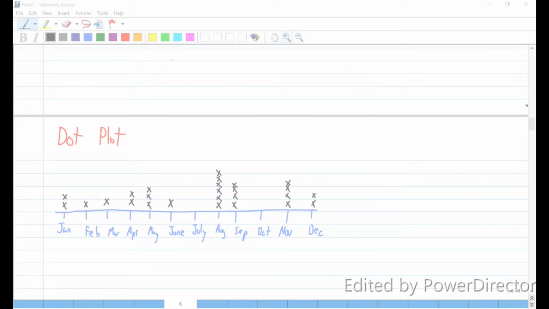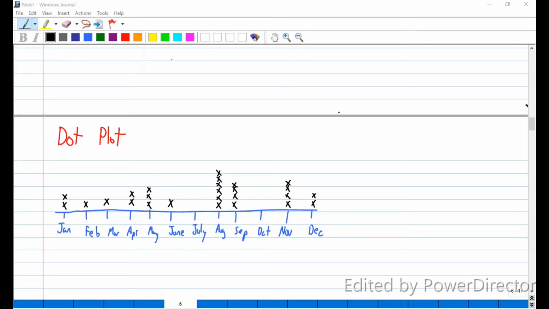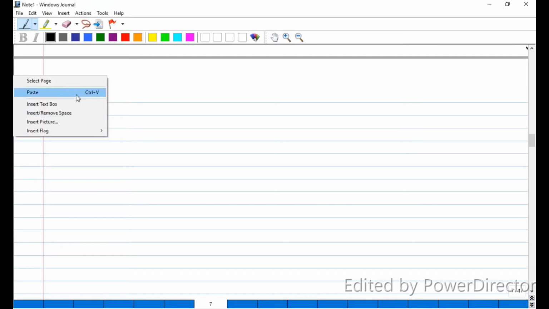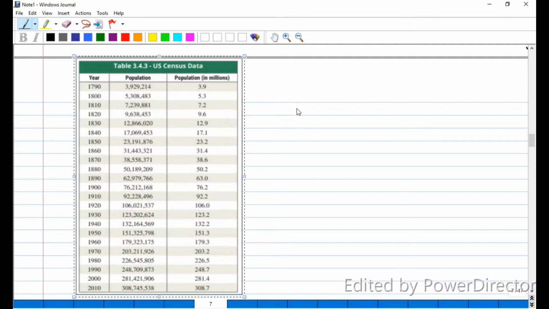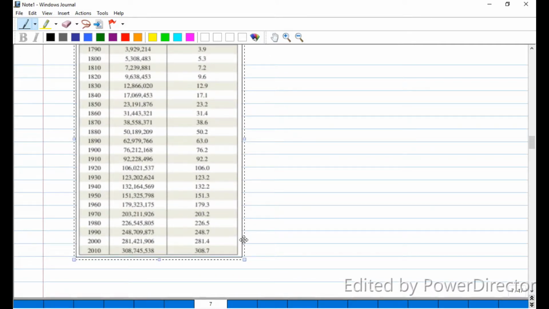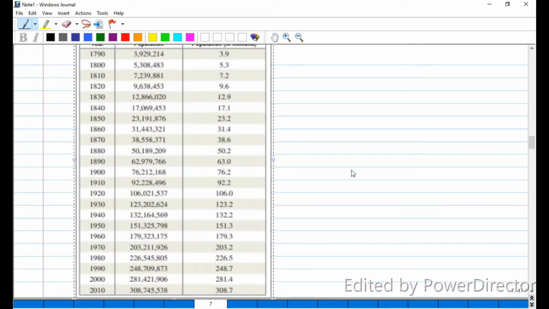Here is the U.S. Census data. This is the population of the United States starting back in 1790.